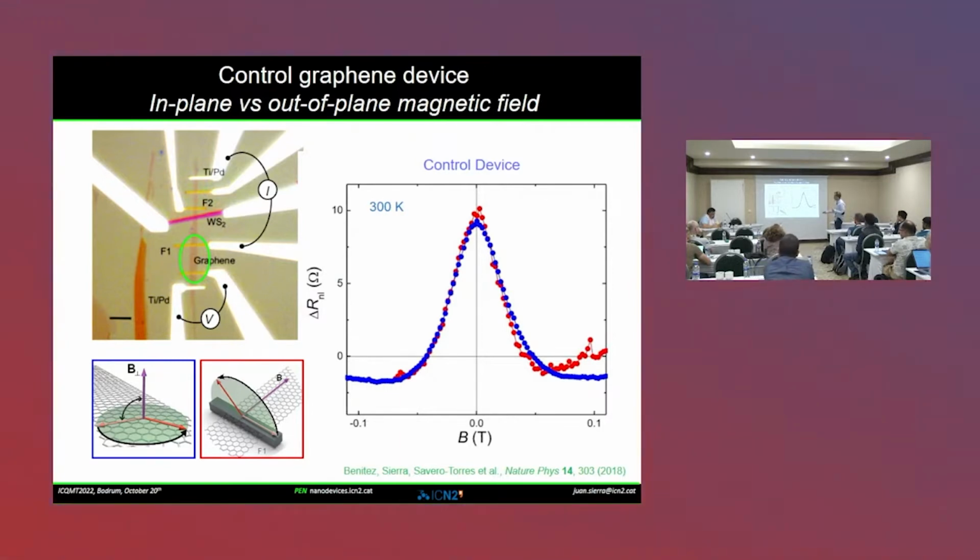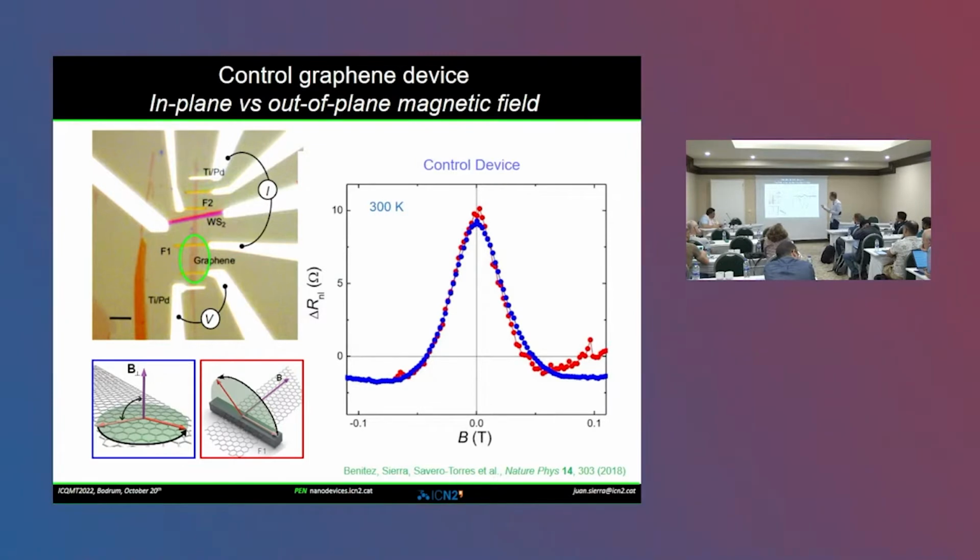If we apply the magnetic field out of plane in this region, we have this signal, in blue. And if we apply the magnetic field along the channel and the spins start to precess out of plane, we have exactly the same signal. So this means that you have an isotropic system. There is no difference in the spin lifetimes between one configuration or the other.